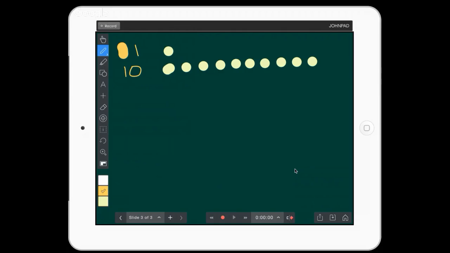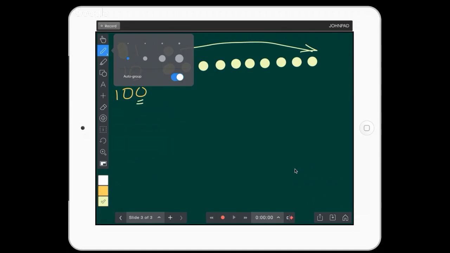But if you think about it, to go from 10 to 100, that just involves adding 1 naught, just as this involved adding 1 naught. But the difference between 1 and 10 is immense. The difference between 10 and 100 is even more immense.